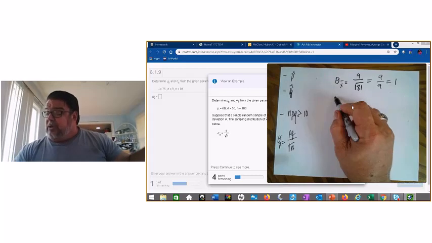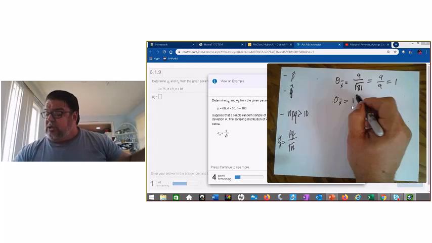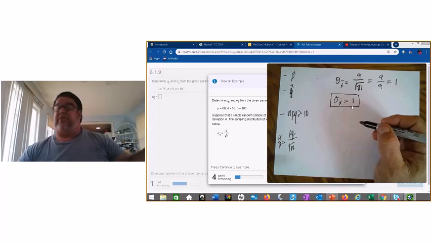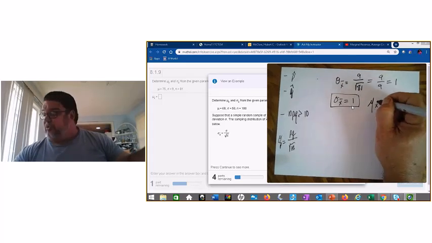So sigma x bar, your new standard deviation, is 1, and your mean is going to be 75, because remember, they're equal to each other.